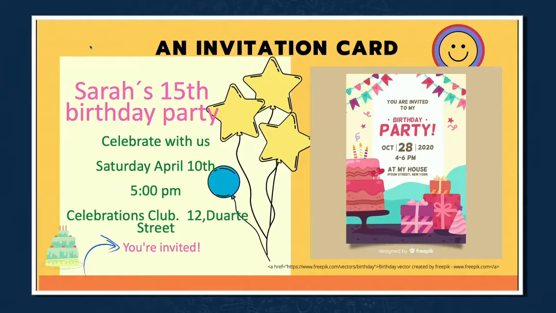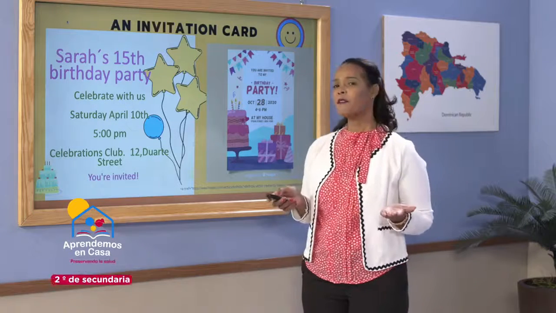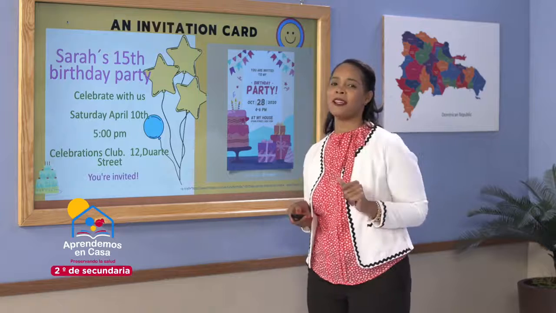The next invitation says it's a birthday party, October 28th, 2020, from 4 to 6, at my house, Epsom Street, New York. What information do you see in both of the invitation cards? ¿Cuáles informaciones ves en ambas tarjetas de invitación?